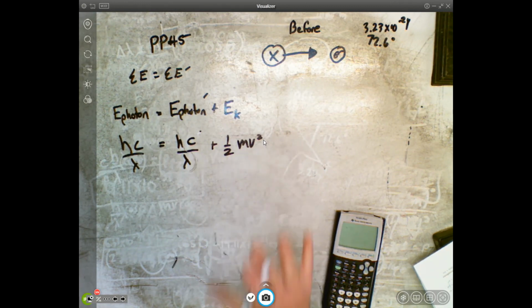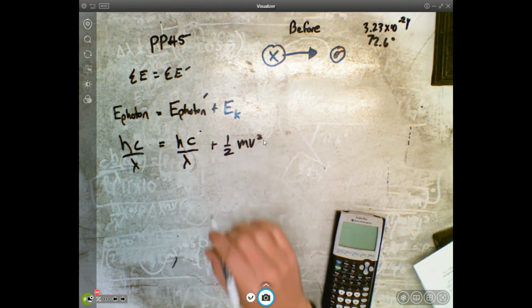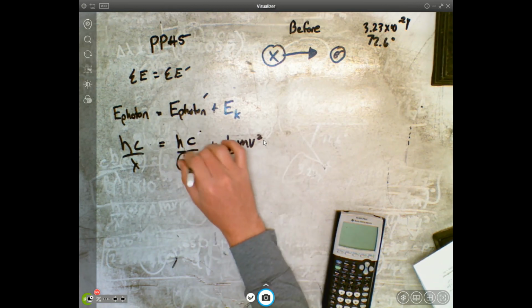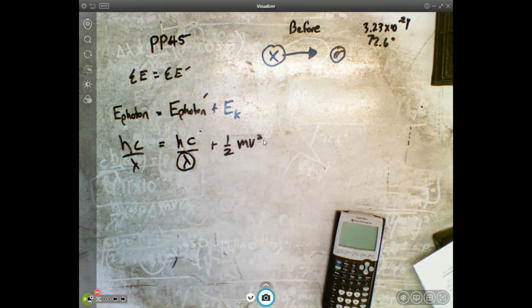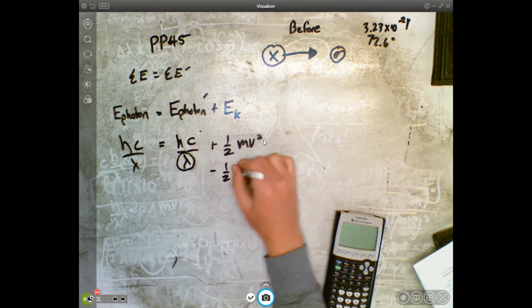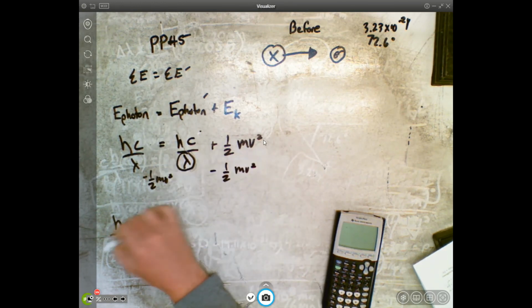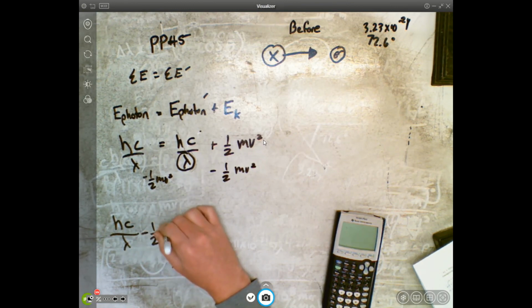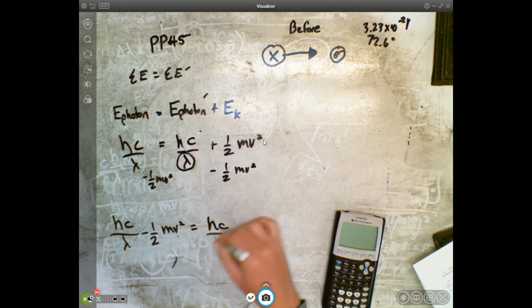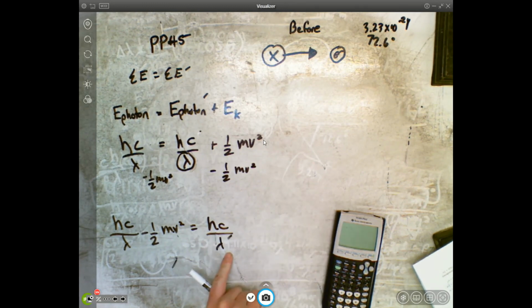Okay, so we have to rearrange this, which is a little bit of work. We want to find our wavelength here. So we'll have to subtract 1/2 mv squared from both sides. So we get hc over lambda before minus 1/2 mv squared, and that equals hc over lambda after. This is our wavelength after.